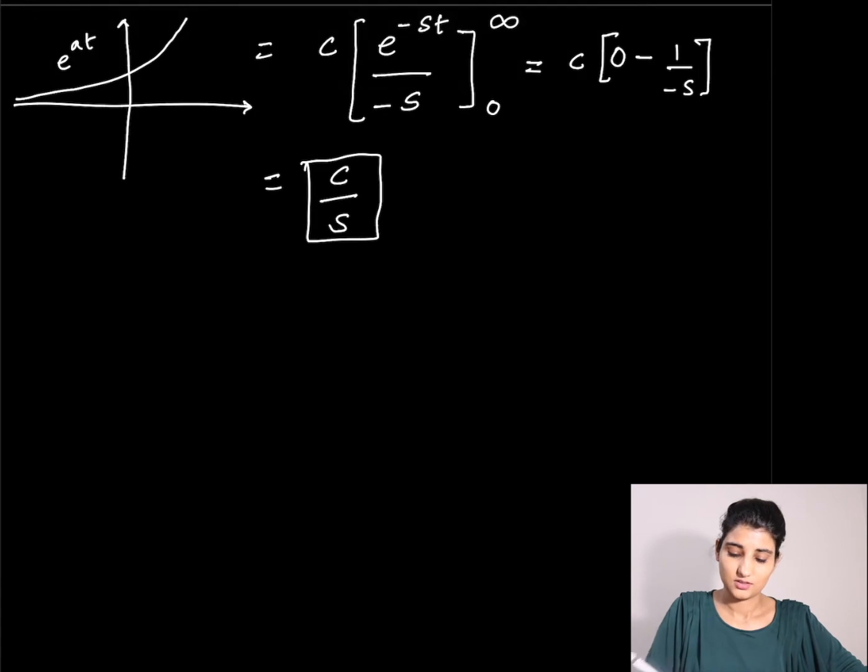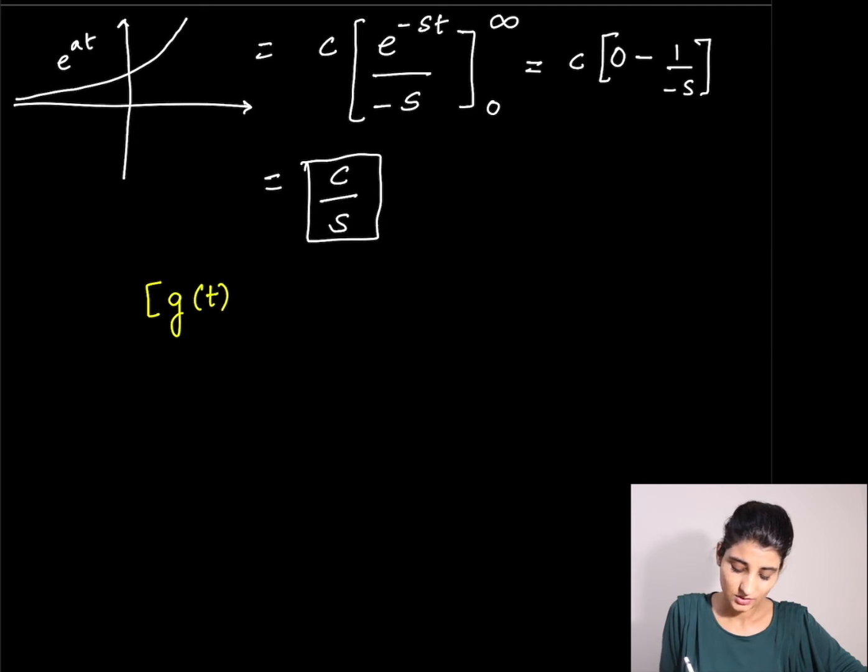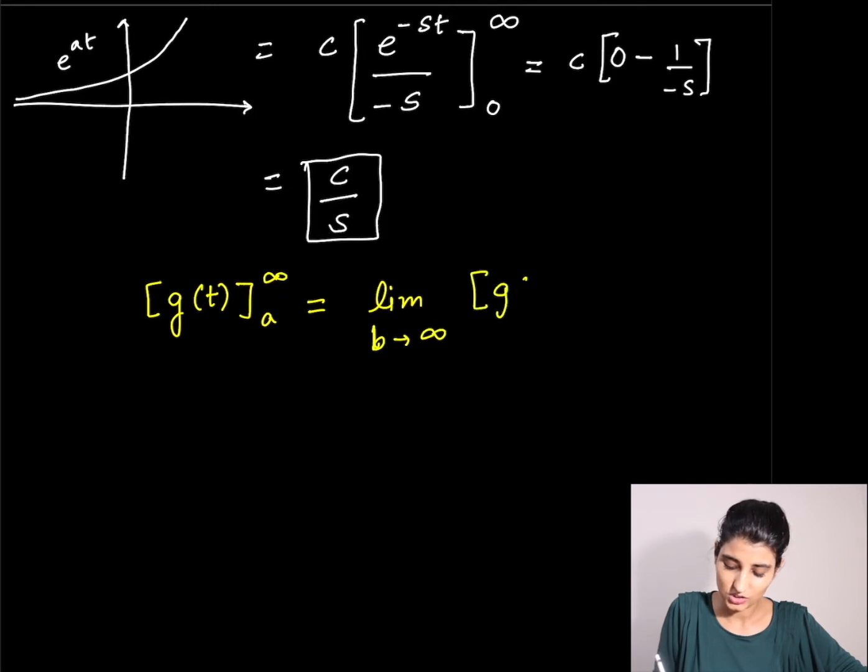As we discussed in our first video, we are using the abbreviation of the integral from a to infinity for the limit as b goes to infinity of the integral from a to b.